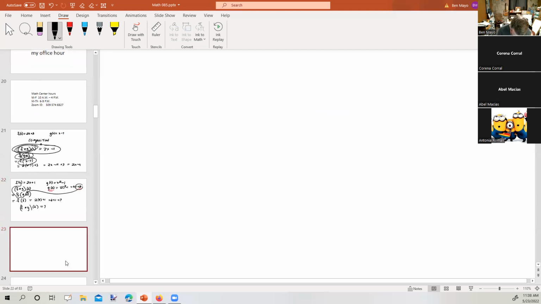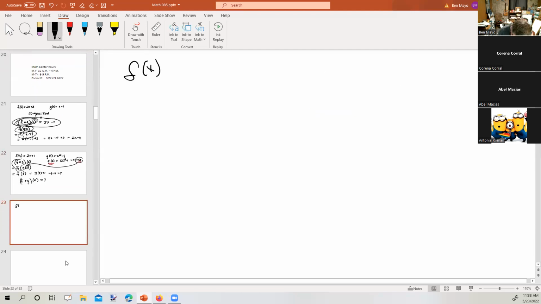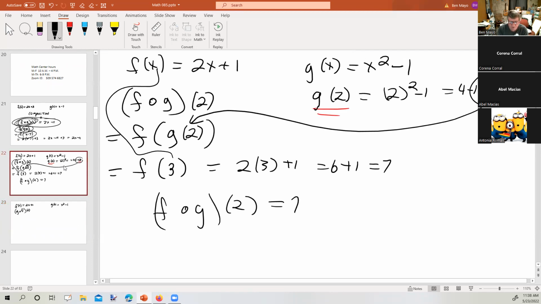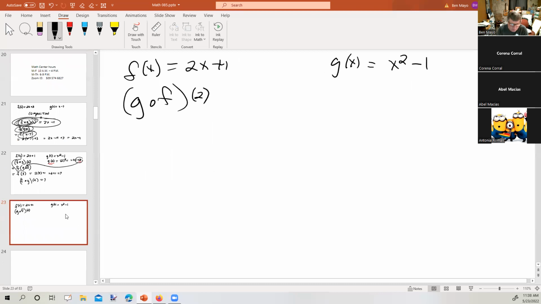Okay, let's go back to f of x equals 2x plus 1 and g of x equals x squared minus 1. Now let's find g composed with f of 2. So we've switched the order. Instead of doing f composed with g of 2, we'll do g composed with f of 2. That's equal to g of f of 2.